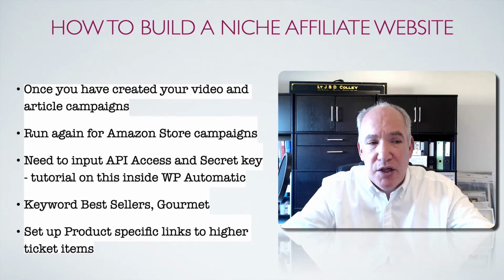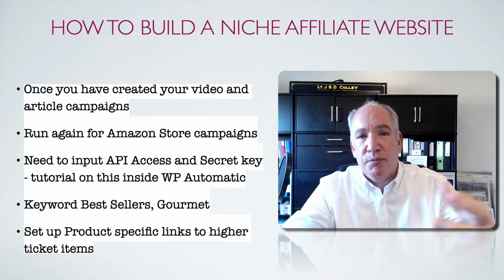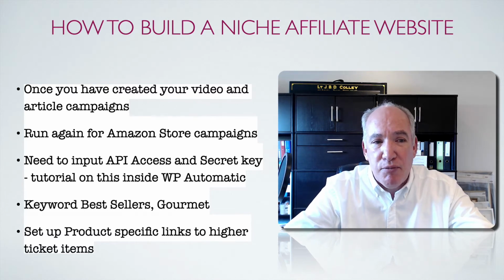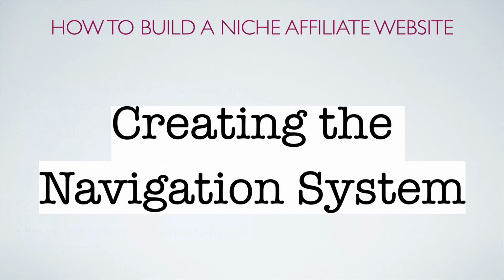Of course, you need to use keywords like bestsellers or gourmet in order to get the best products from Amazon. And of course, you can also set up product-specific links to higher ticket items manually, using Thirsty Affiliates.